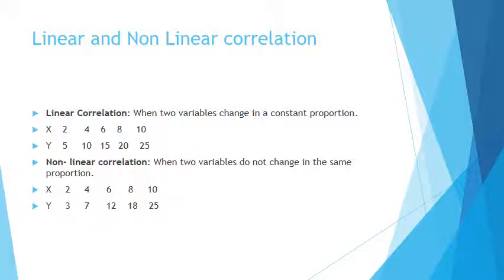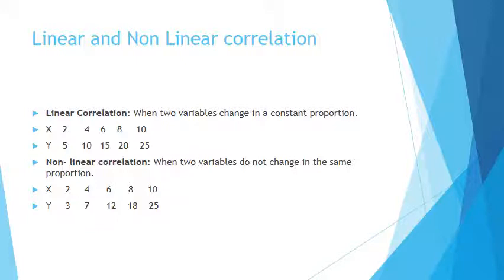Thus, linear correlation means a straight line relationship. For example, value of x variable increases from 2 to 4, 4 to 6, 6 to 8 and 8 to 10. Similarly, the value of y variable also changes in definite proportion, that is 5 to 10, 10 to 15 and 15 to 20 and so on.